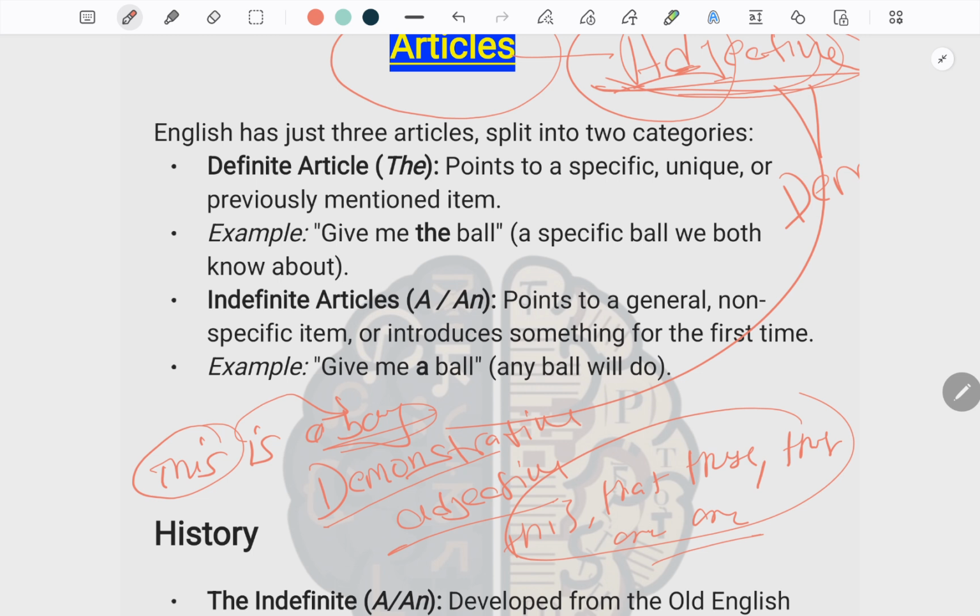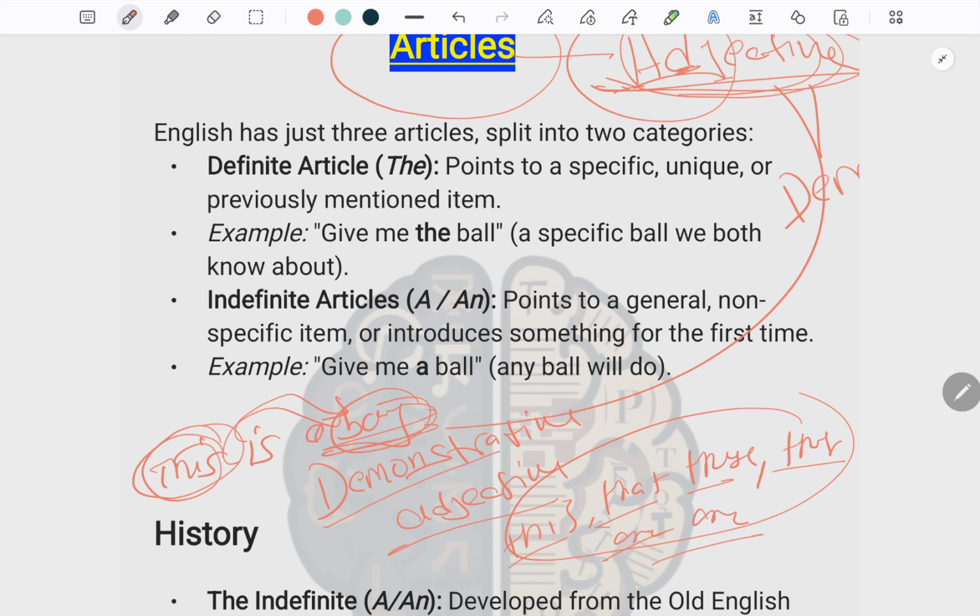But when we just saw a boy, we can, by using this example, say that this is a boy. So here we are indicating or demonstrating this boy with the word this. So demonstrative means to demonstrate something. To demonstrate something we have the words this, that, these, those, and one.